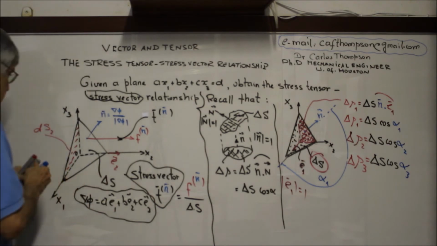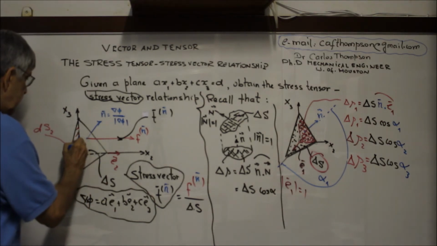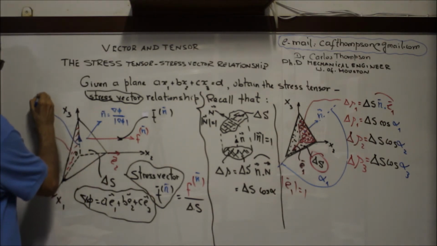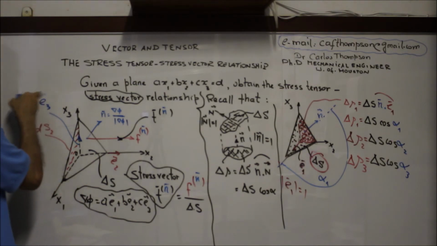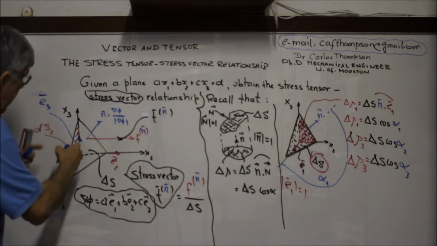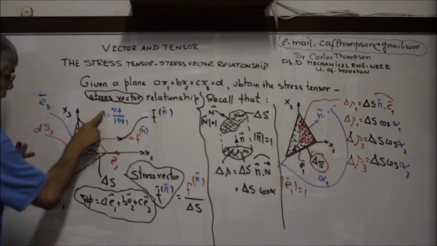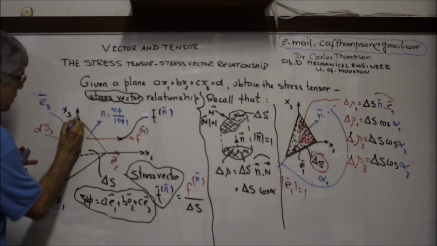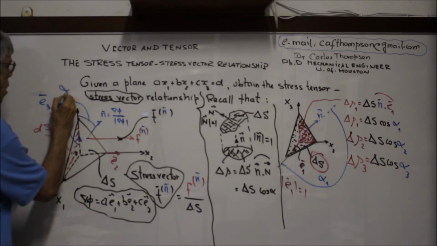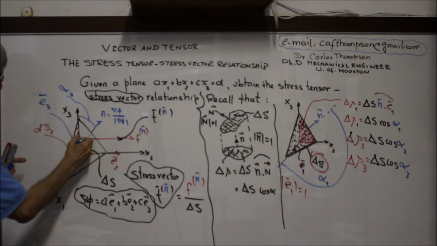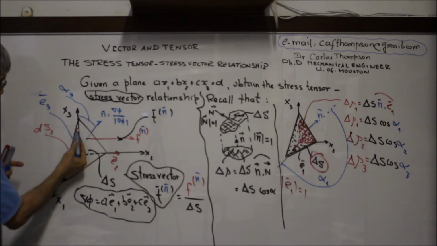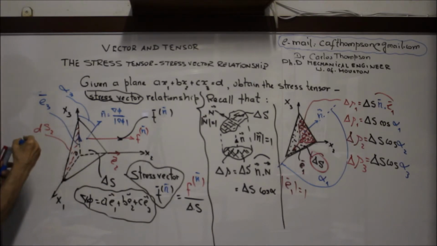This is E3, a vector. The angle between E3 and n is what I call alpha 3.